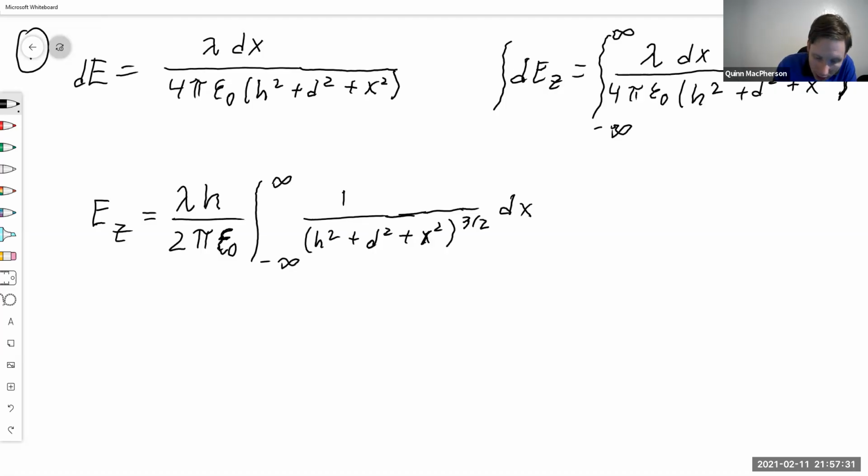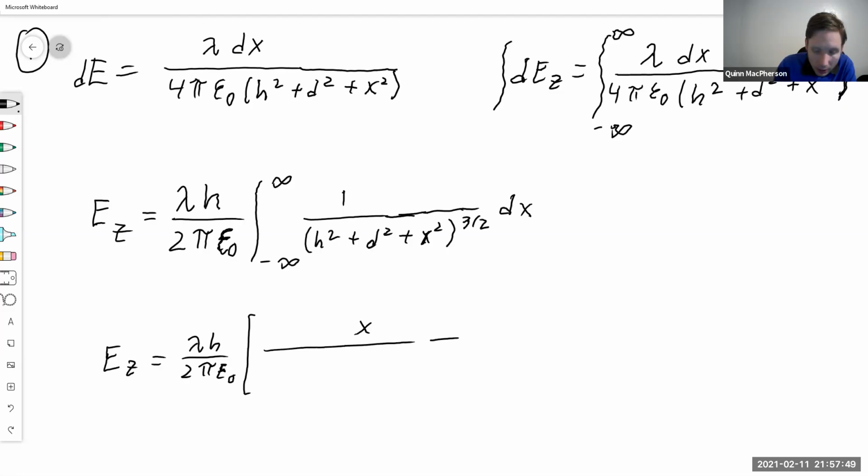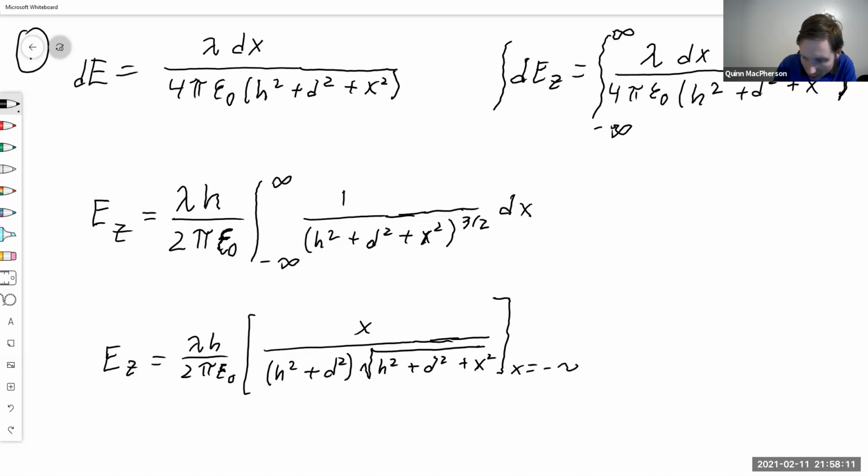The answer is Ez is equal to lambda h over 2 pi epsilon naught, the same thing, and then I'm going to write this in brackets: x over (h squared plus d squared) times the square root of (h squared plus d squared plus x squared), evaluated at the limits x equals minus infinity and x equals infinity.